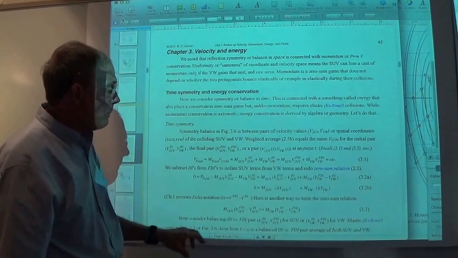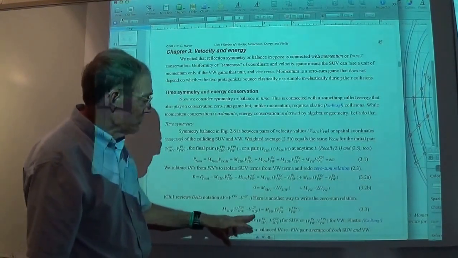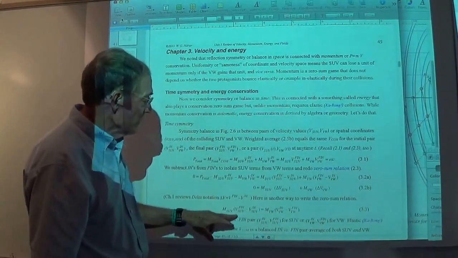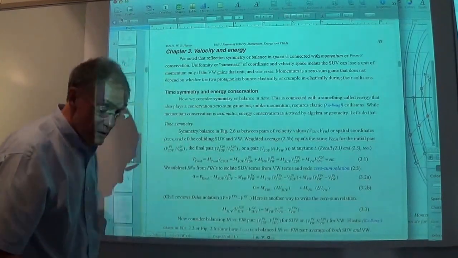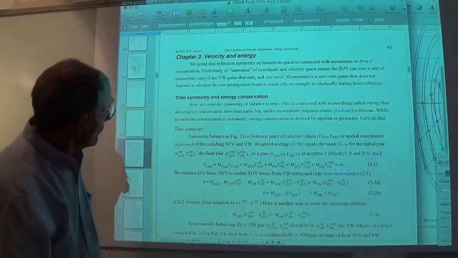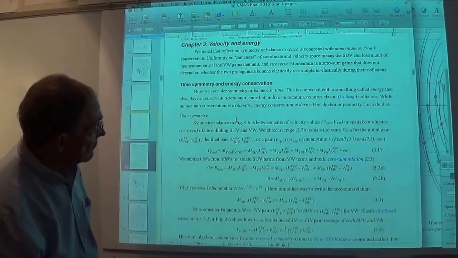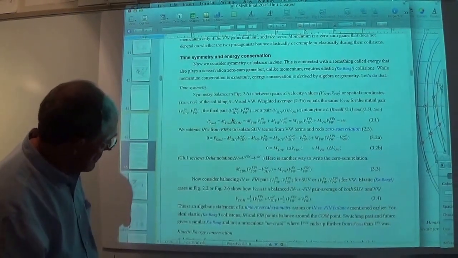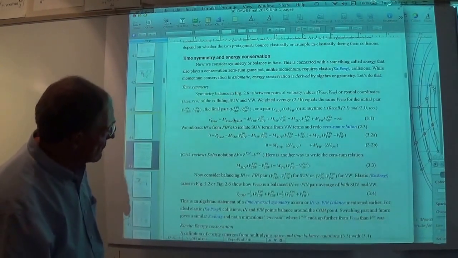Now, this is another way to write it, with the SUV things on one side and the VW things on the other. And what you do, and I need to be careful here so I don't jump too far on this, just go up a little bit here, and this is page 45 of the textbook.